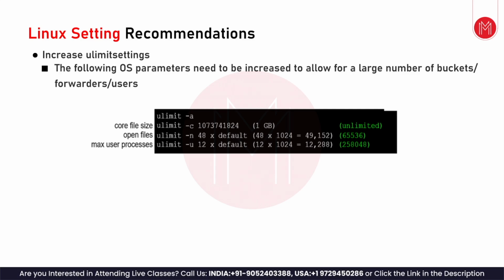Core file size should be unlimited. Open files should be 65536. And maximum user processes should be 258048. By default, whatever we are getting has to be modified to these values according to the number of users, forwarders or buckets which we are going to use.